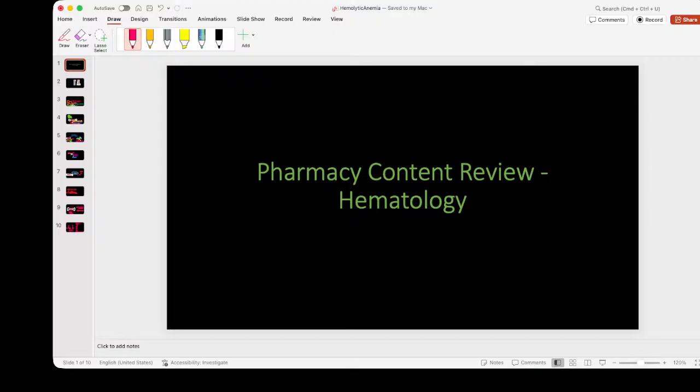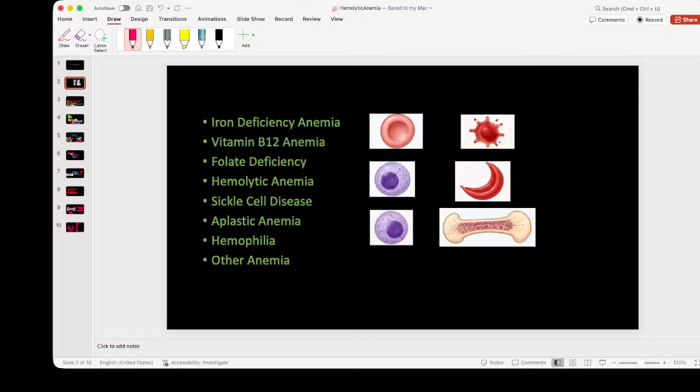First one we're going to talk about in a second here is just going over this overview. First one here is iron deficiency, vitamin B12, folate, hemolytic, sickle cell, and some of you already heard of these kinds of deficiencies.